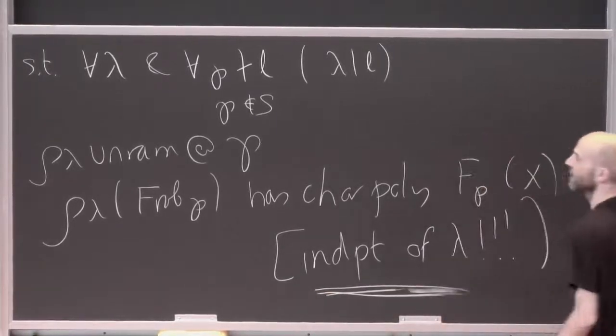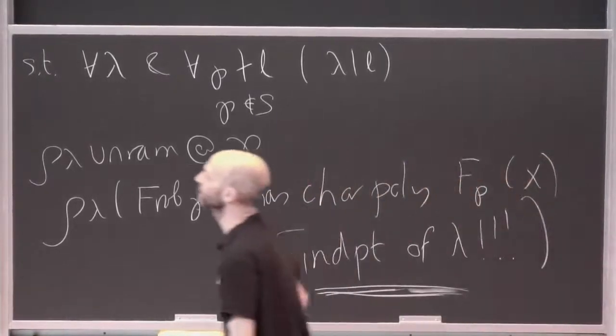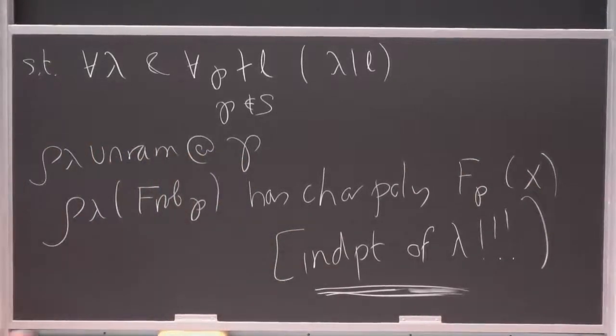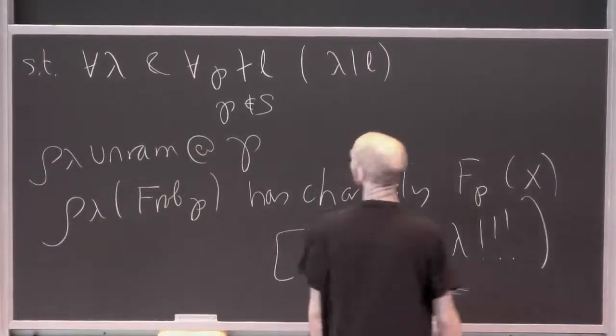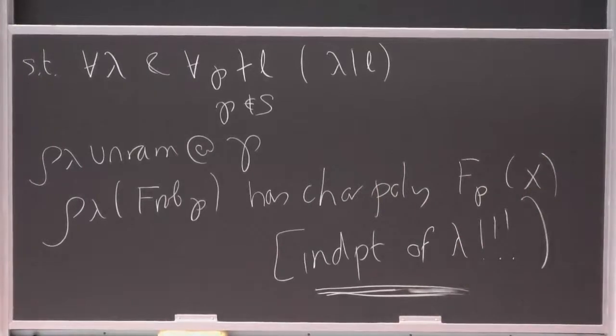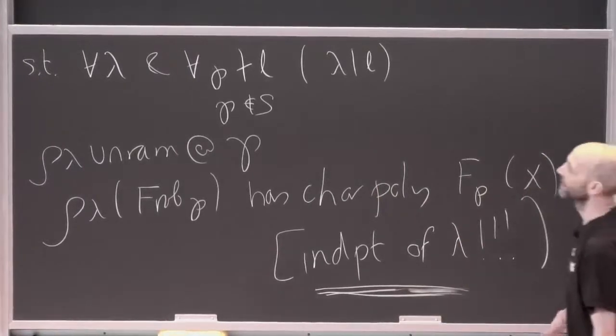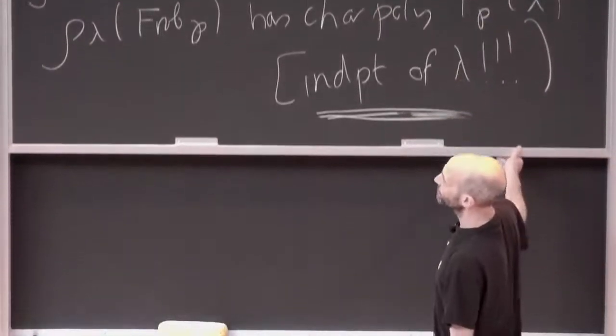So we've got loads and loads of different representations, but they all have the same characteristic polynomials. I'm just writing it up again because it sort of blows my mind that such a thing could even exist.